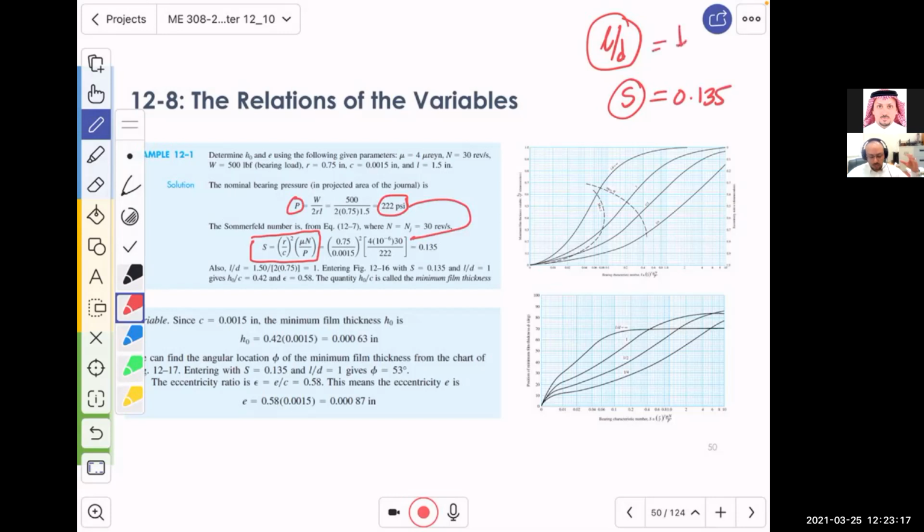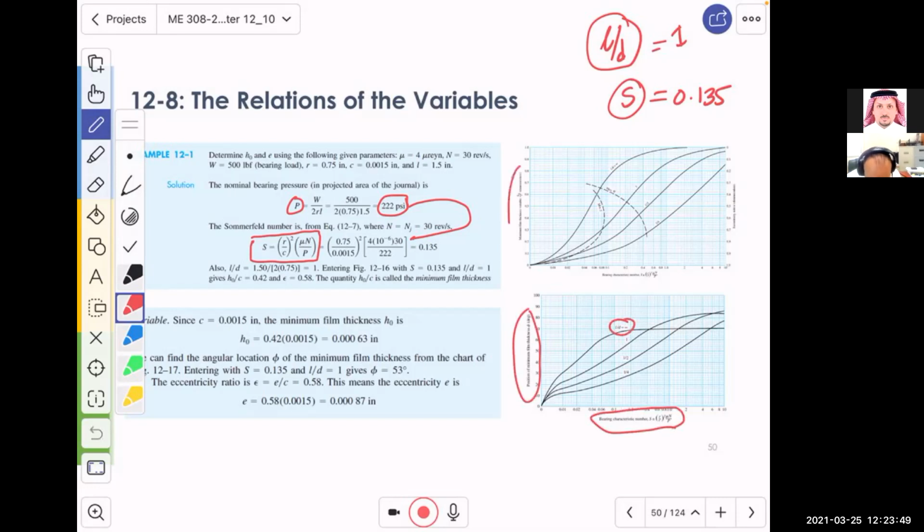And that's it. The next step is to use most of the figures, being characterized by these two values. So whenever you have L over D and you know S, the bearing characteristic number, then you can hit the y-axis on the right and the left, like here.